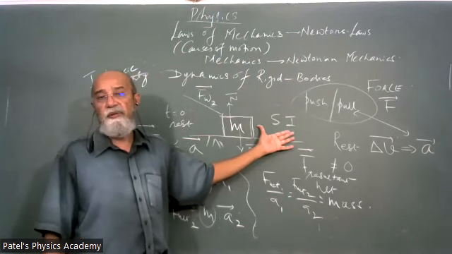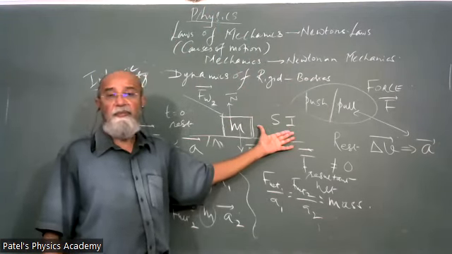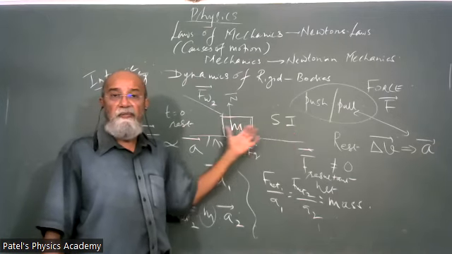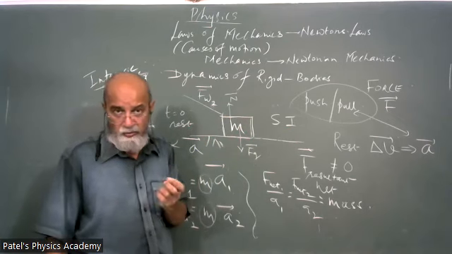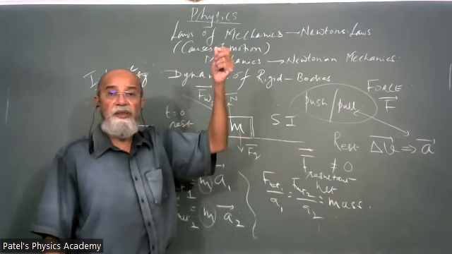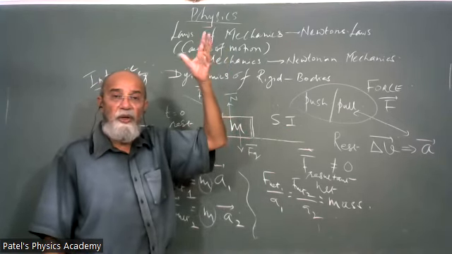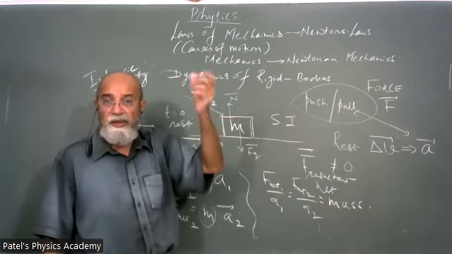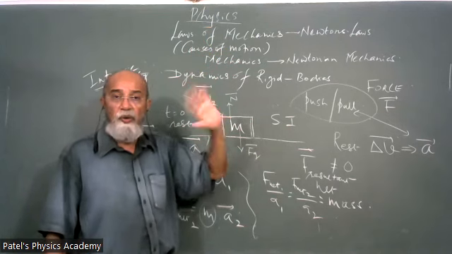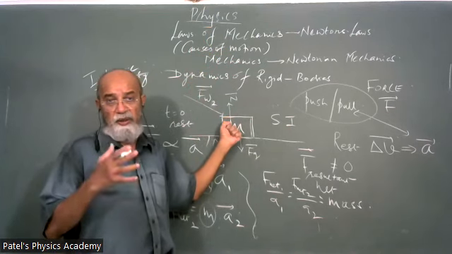The international system. Mass is measured in kilograms, just like distance, when we started our discussion, was measured in meters, and time was measured in seconds. Now we say mass is measured in kilograms.